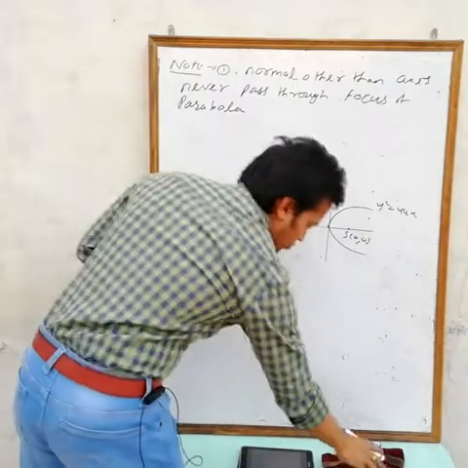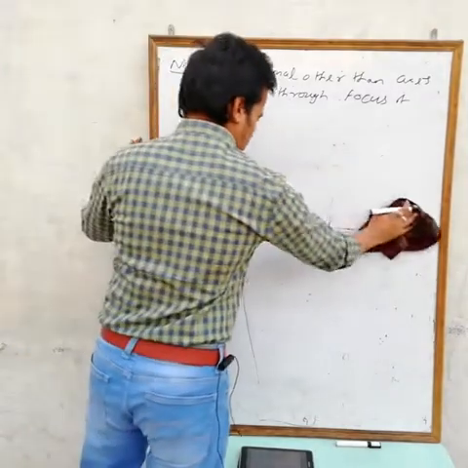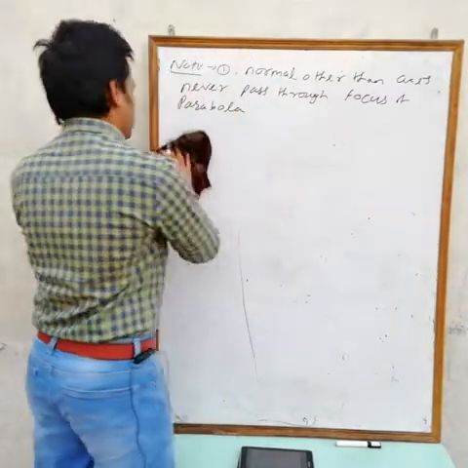Okay, this is the first point. Normal other than the axis never passes through the focus.